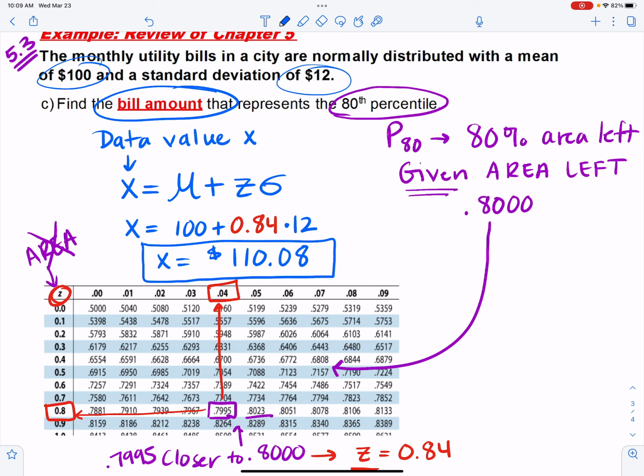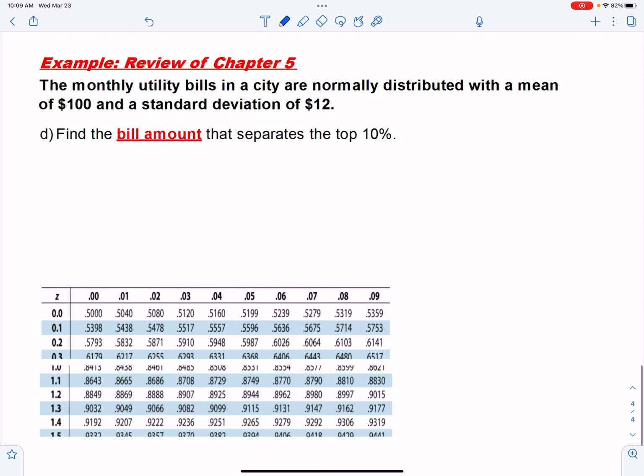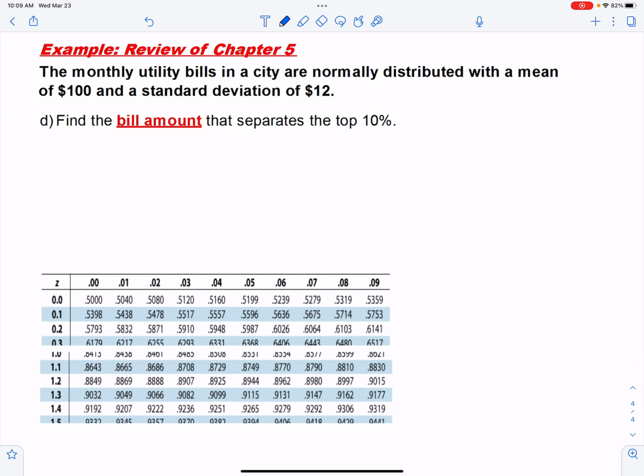Sometimes, instead of being asked to find a percentile, you'll be given the area just as a percentage. In that case, you have to be careful about whether you're given an area to the left, in which case you can go straight to your table, or to the right, where you need to subtract from 1.